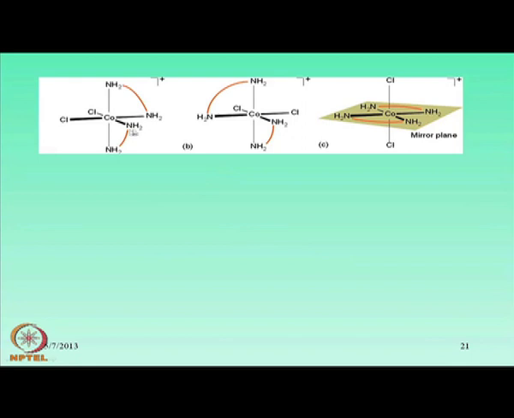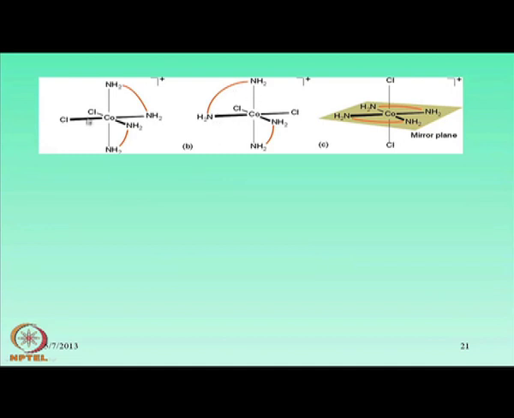But in the case of the corresponding chloro derivatives, that means the cis compounds, these are the two cis compounds and this is the trans. For these two cis compounds we can have the corresponding form, that means this is one isomeric form which is in the delta form, going from the top to bottom in one direction, and this is also from top to bottom in the other direction, and that gives rise to a different type of arrangement.